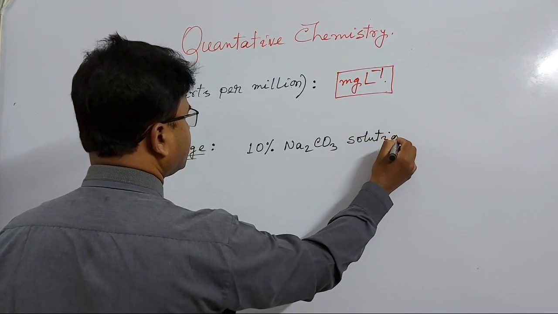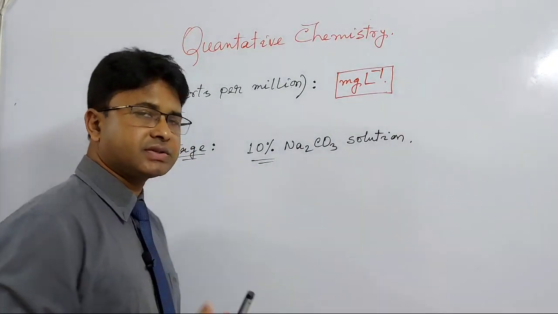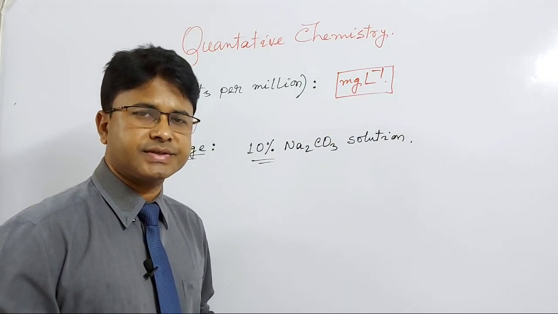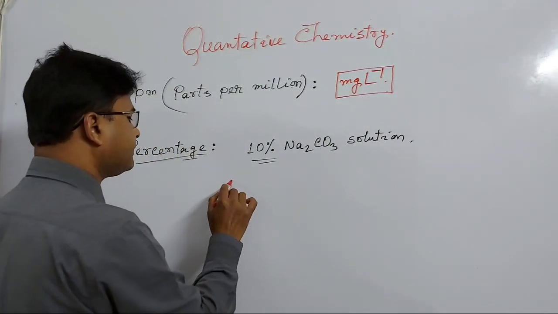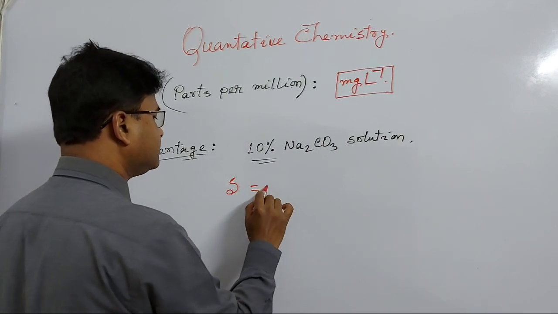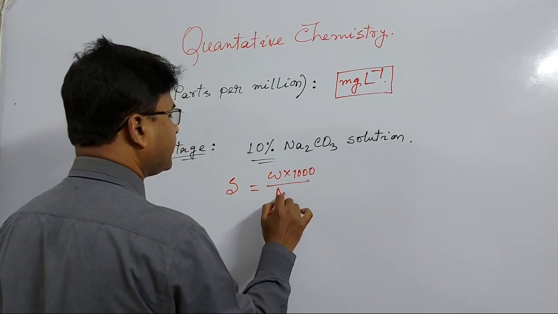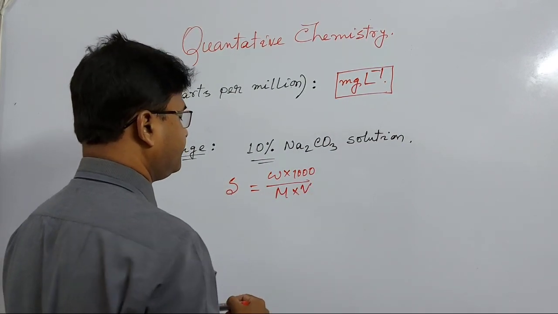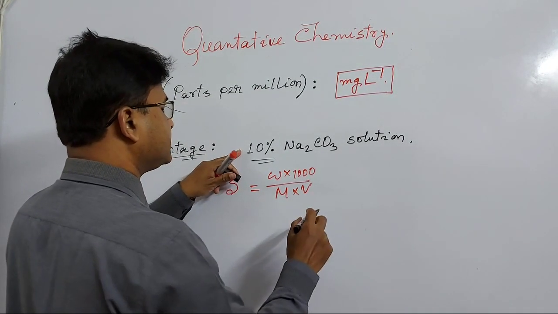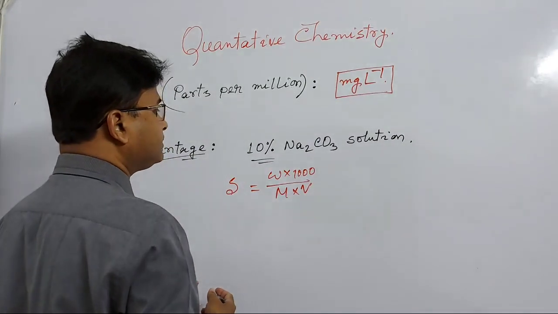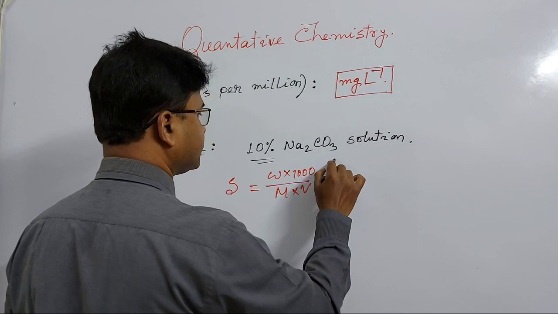And dear students, we can convert this percent concentration into molar concentration, and we know that molar concentration S is equal to W into 1000 divided by M into V. Here 10% sodium carbonate means 10 gram sodium carbonate is dissolved in 100 centimeter cube solution.